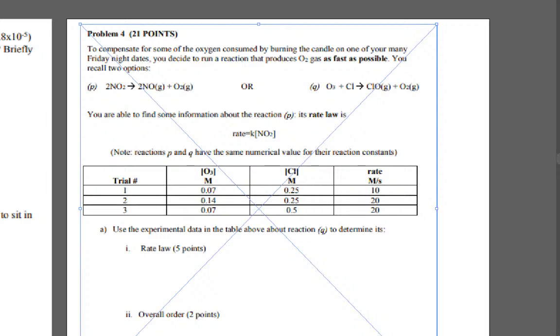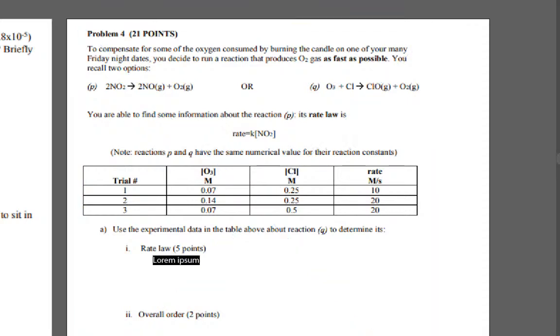Use the experimental data in the table above about reaction Q to determine its rate law. Okay. So I am just going to use the quicker method. Rate would equal k, a constant, times [O3], the ozone.